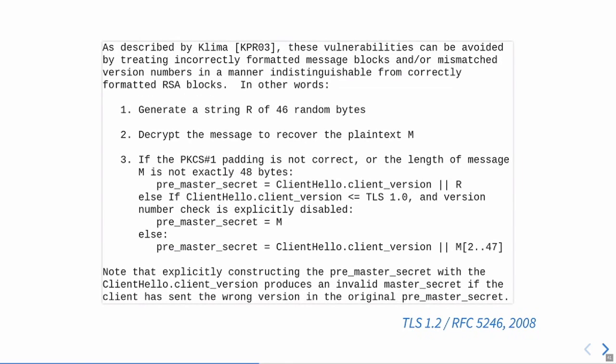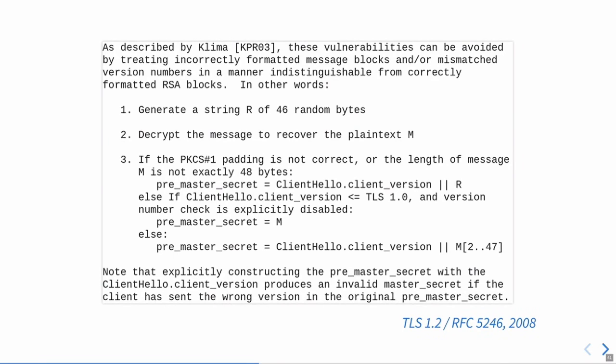And so TLS 1.2 says, as described by Klima, this was this improved Bleichenbacher attack, these vulnerabilities can be avoided by treating incorrectly formatted messages, blocks, and/or mismatched version numbers in a manner indistinguishable from correctly formatted RSA blocks.